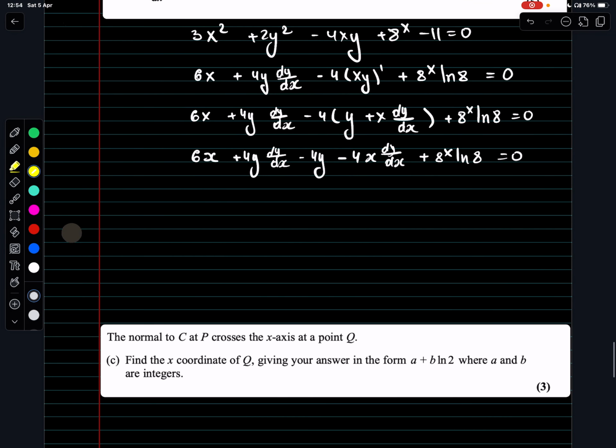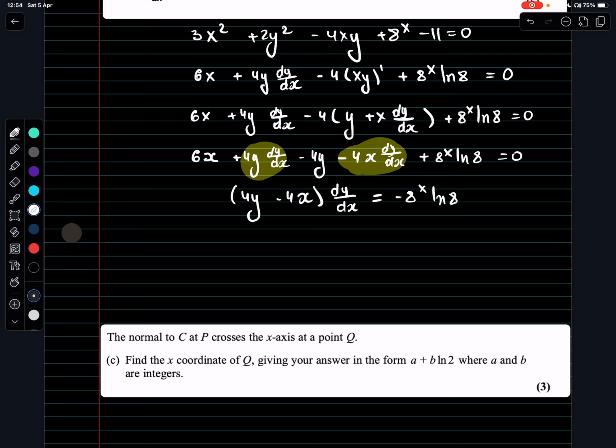I'm going to keep the terms in dy over dx on one side and take everything else to the other side. That will be 4y minus 4x, factorizing this as dy over dx, and everything else to the other side: negative 8 to the power of x ln 8 plus 4y minus 6x.